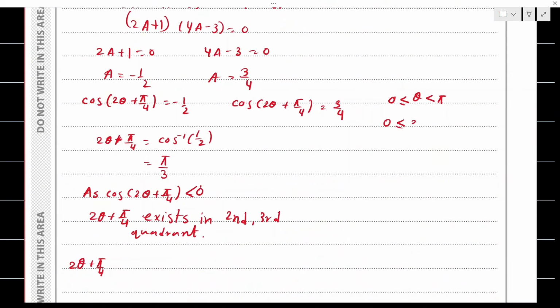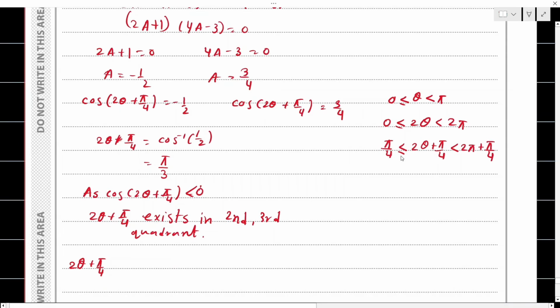This will give us 2 theta is greater than 0 but less than 2 pi. Then I can add pi by 4 to every single part of our range, and this will give me 2 theta plus pi by 4 is greater than pi by 4 but less than 2 pi plus pi by 4. And this is our extended range, and we have to find our value of 2 theta plus pi by 4 within this range.